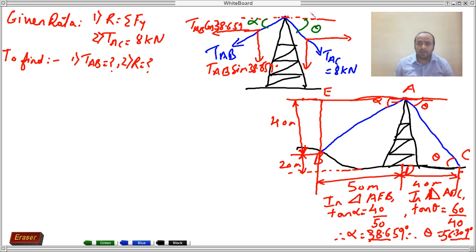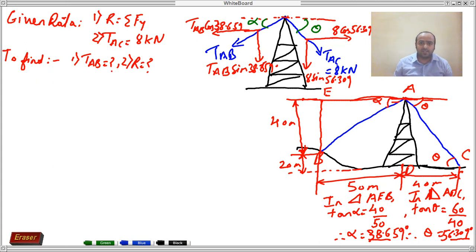Same way, T of AC is 8, so 8 cos of 56.309, and here 8 sin of 56.309. Once we are done with this, let us go for the calculation part.